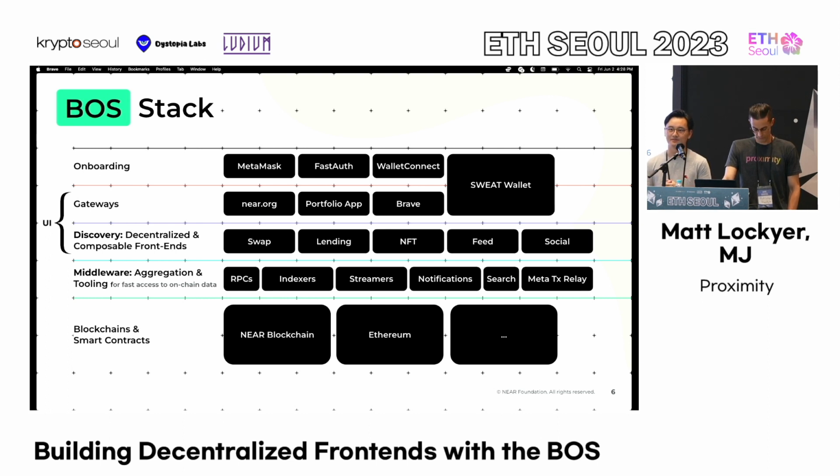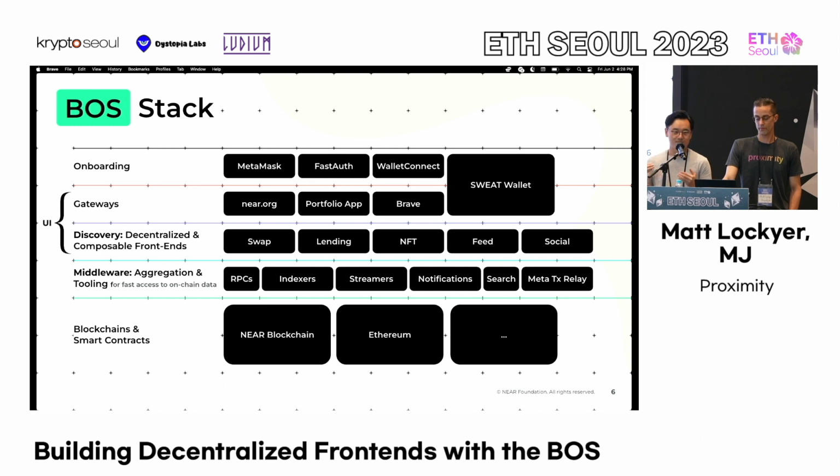It can be a website like bos.near.org, a web app, a mobile app, or even a browser. And sometimes it makes a lot of sense for wallets and portfolio apps to use the BOS components in their application to add new features to their existing application without writing a single line of code.